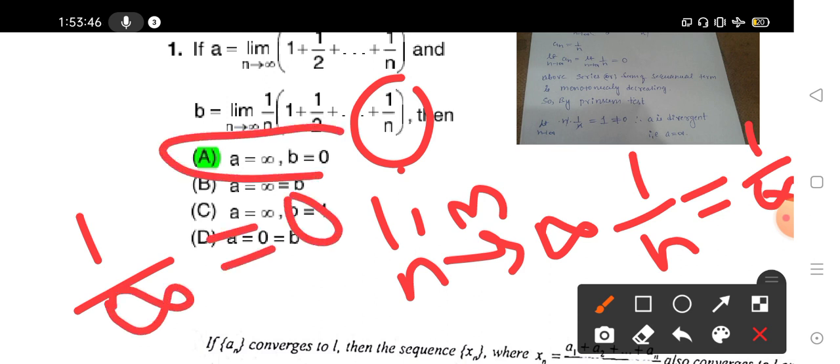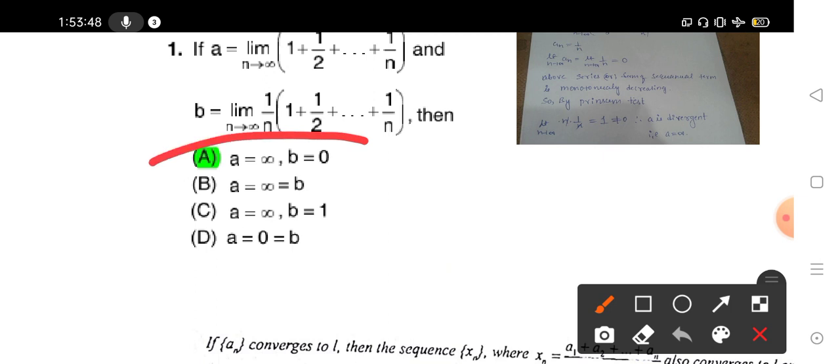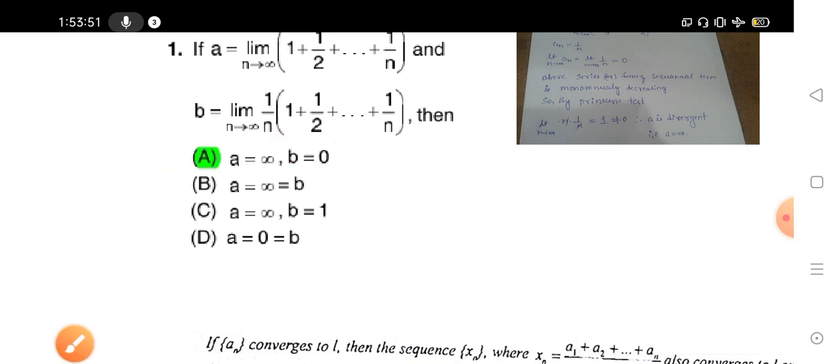Therefore option A is correct, A equals infinity, B equals 0.